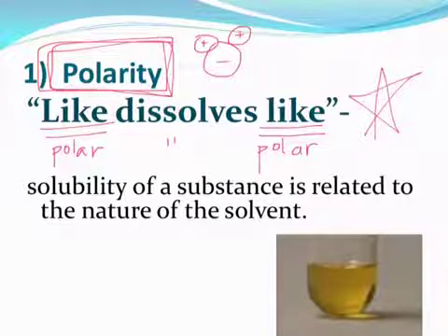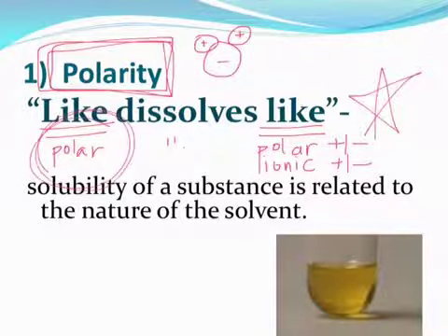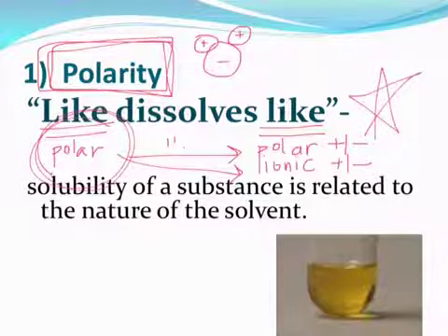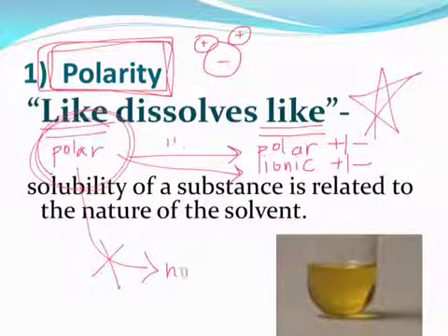Water is polar, salt is ionic. So polar will also dissolve things that are ionic, because polar means positive, negative. Ionic means positive, negative. So basically, if something is polar and it dissolves polars and ionics, who will it not dissolve? It will not dissolve things that are non-polar.